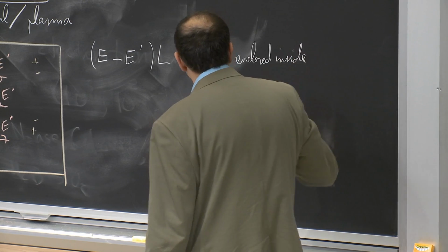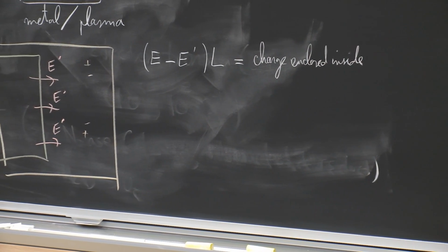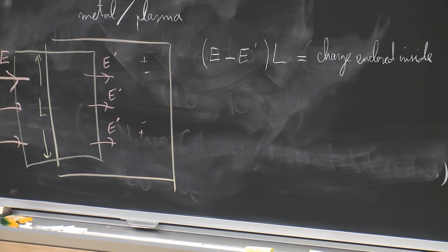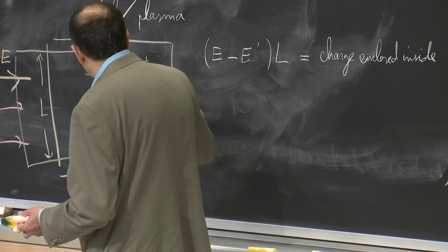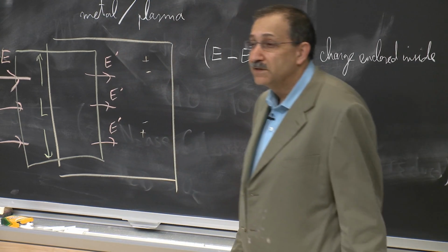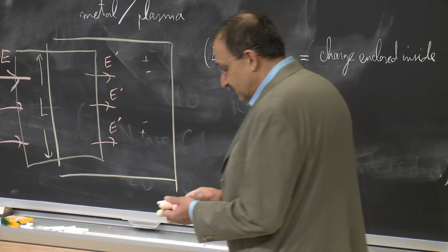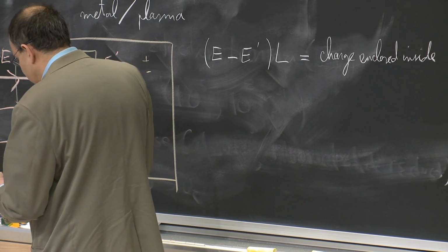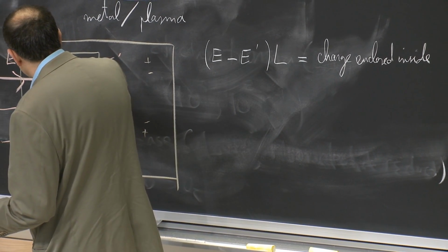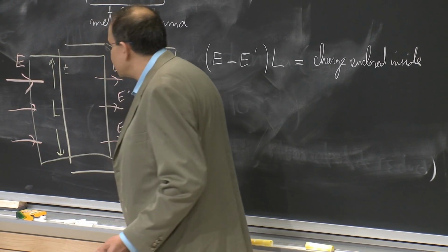Okay. Now, why should there be any charge enclosed inside when you have a bunch of plus and minuses? I mean, there will be some pluses and minuses out here, as I have indicated. There will be some pluses and minuses that are inside, but the net of these would be 0.